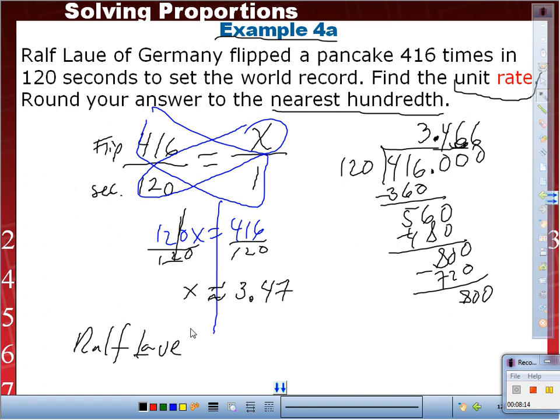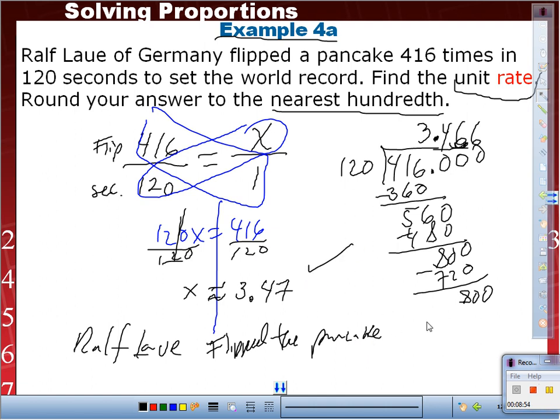Let's see, Vanya, what do you write? Flipped the pancake. Okay.